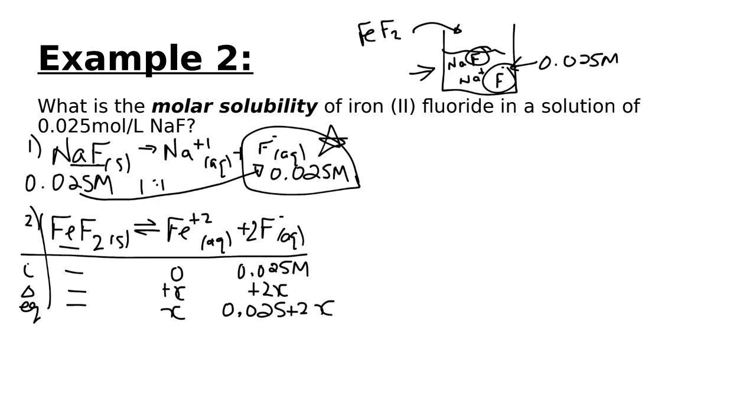So we come over now and set up a Ksp expression. The Ksp is still going to be equal to the concentration of iron times the concentration of fluoride squared. And our K value hasn't changed. It's still 2.36 times 10 to the negative 6.